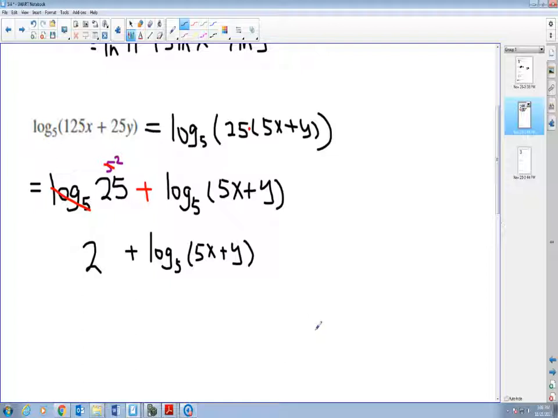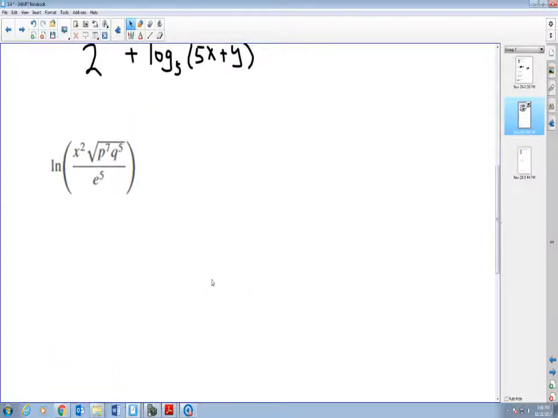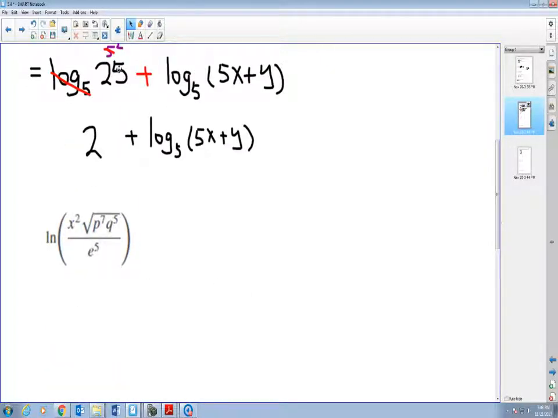Let's try another one. There's a lot going on here because I have a division, which expands into a subtraction. On the numerator, there's an x squared times the square root, and inside the square root there's another multiplication between the p and the q. Let's think about this square root real quick.